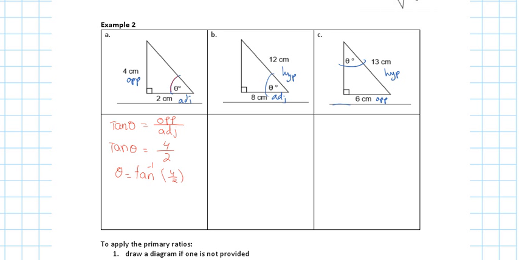63 degrees, right? Remember, angles to the nearest degree, I do not put any decimals unless the question asks otherwise. So in this case, theta is 63 degrees.